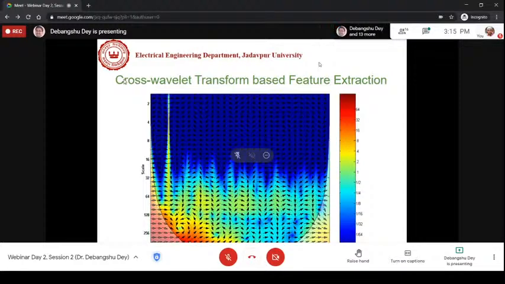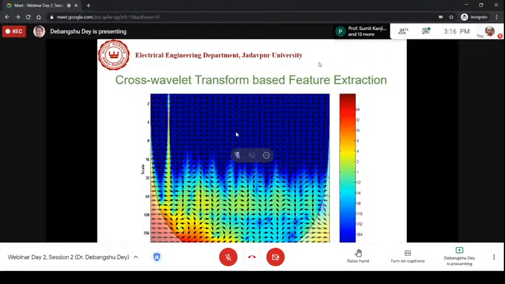So what is the basic objective of the cross-wavelet spectra? The cross-wavelet spectra gives the comparison between two signals in the time-frequency domain. That means at which time, which frequency component is common between the two signals. You know from Fourier transform knowledge that the coefficient can be complex, and then you have a magnitude as well as a phase.